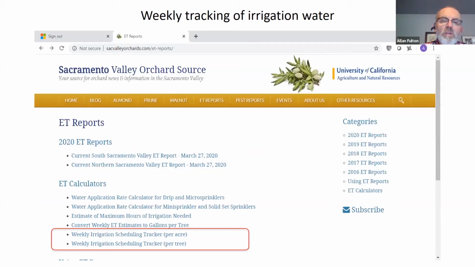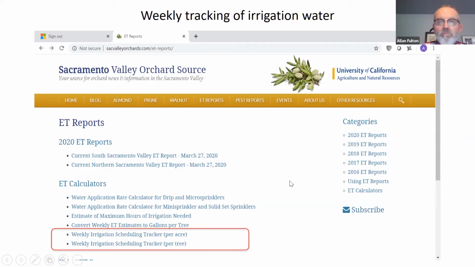To help with making these calculations, and as a means of double checking and maybe making it easier and more convenient, on the Sac Valley Orchard Source website, under the ET reports, there is this list of calculators. You will see at the bottom of this list a weekly irrigation scheduling tracker on a per acre basis, as well as a weekly irrigation scheduling tracker on a per tree basis.